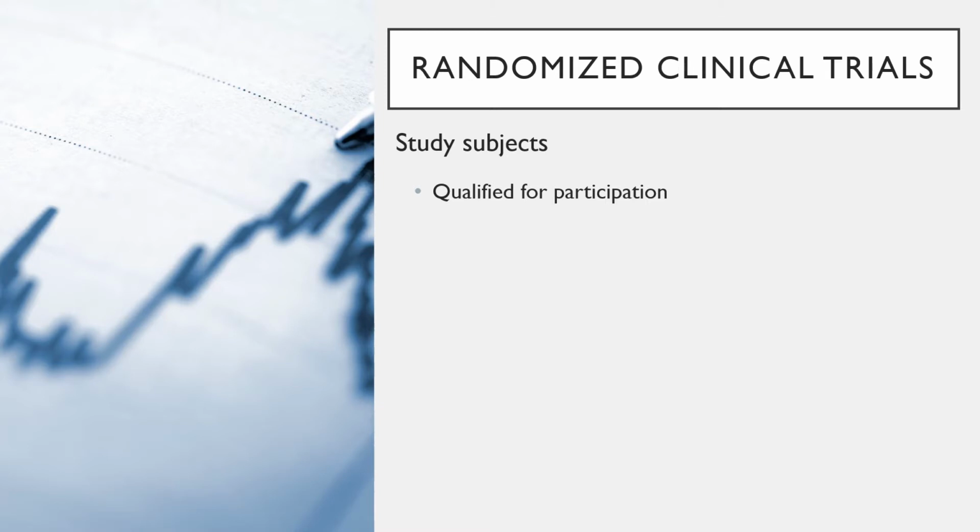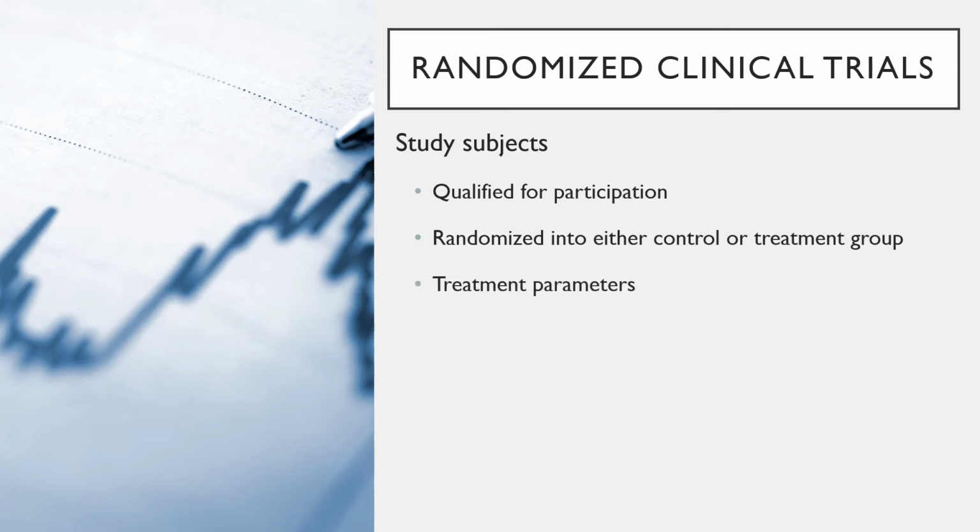So if we're including people, we want to make sure that they fit within the guidelines set forth based on what it is that we're attempting to study. And then of course the obvious is that people that don't fit within those guidelines and parameters are excluded from the study. They are randomized into either a control or a treatment group.